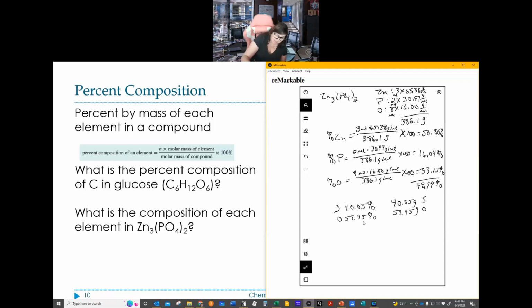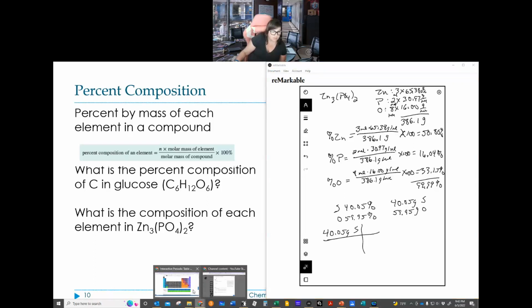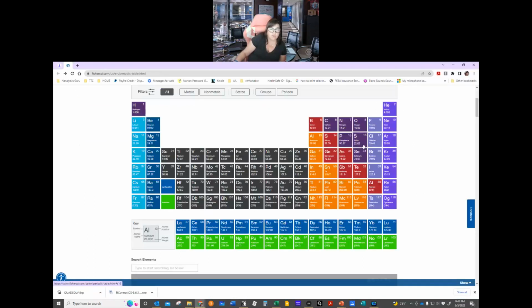I'm going to take each of those masses and convert them to moles by dividing by the molecular weight. So the molecular weight of sulfur is 32.07. And oxygen, again, is 16.00 grams per mole.